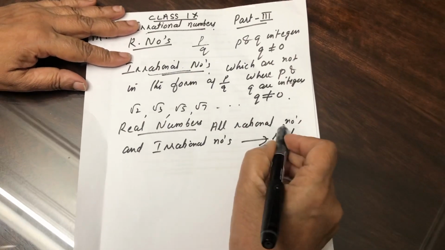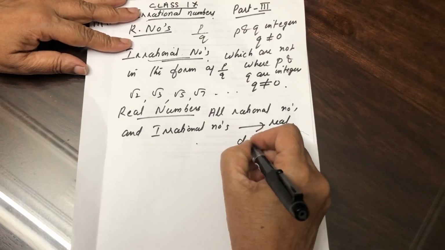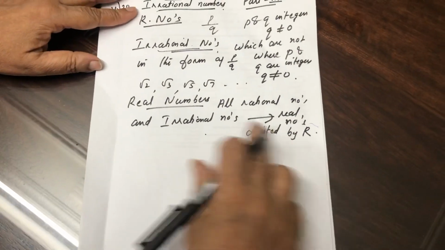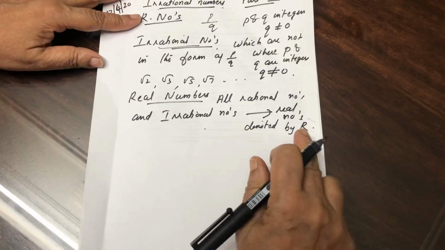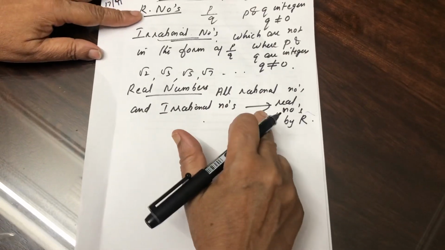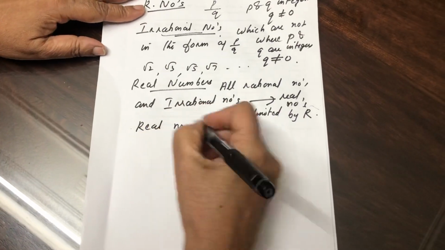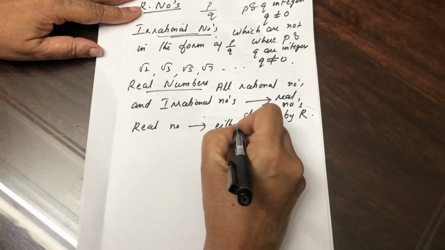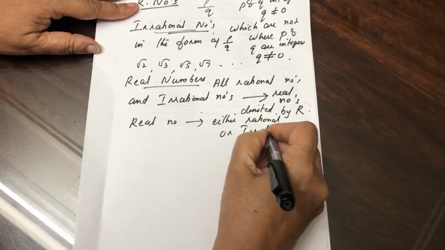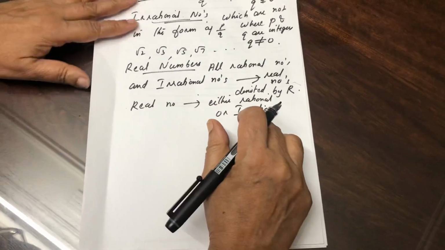Real numbers are denoted by the capital letter R. That means a real number is either a rational or an irrational number.